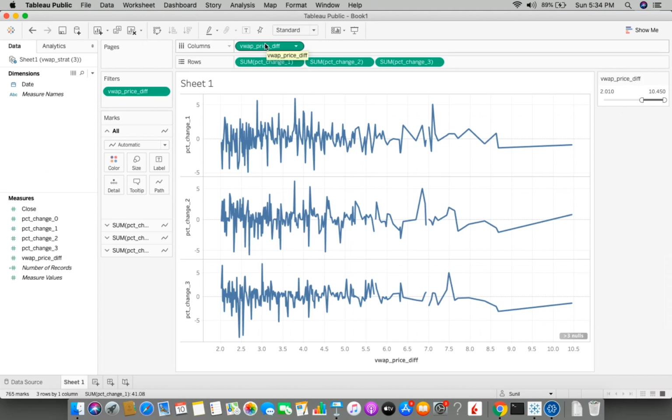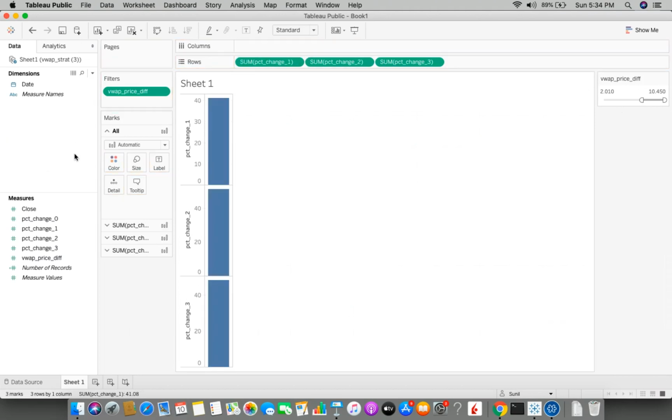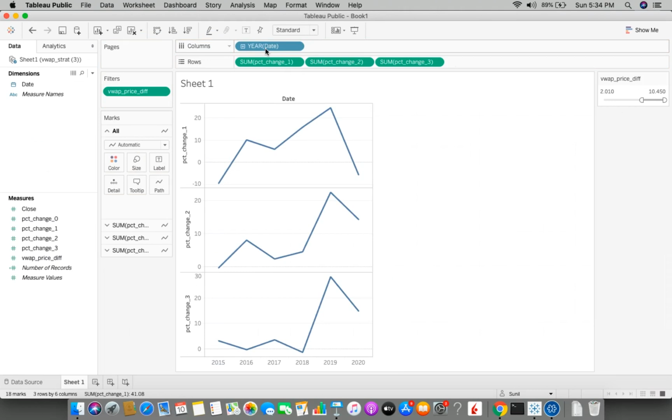What I'm going to do is remove VWAP difference from the column. Instead of that, I will put the date as a column now. If you have understood, one parameter here is date, another is price change 1, 2, 3.